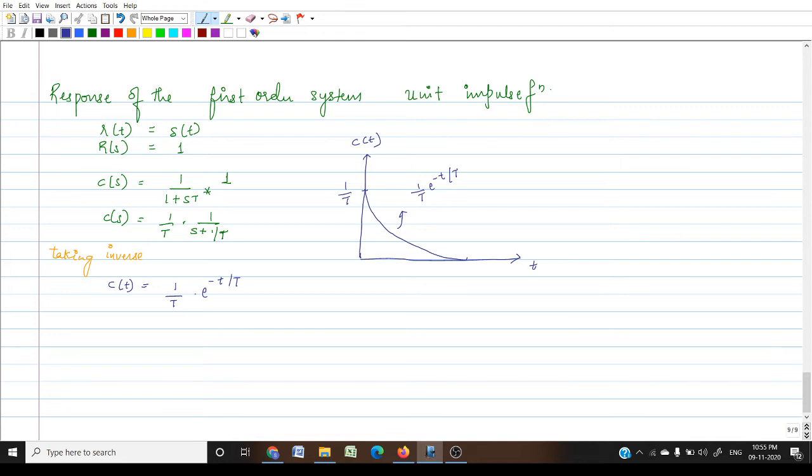But the next part here is we'll be comparing all the three responses, that is unit step response, unit ramp response, and unit impulse response. For the same system, we have analyzed with unit step input. Such a response we call the unit step response. So with that, we will start this comparison.